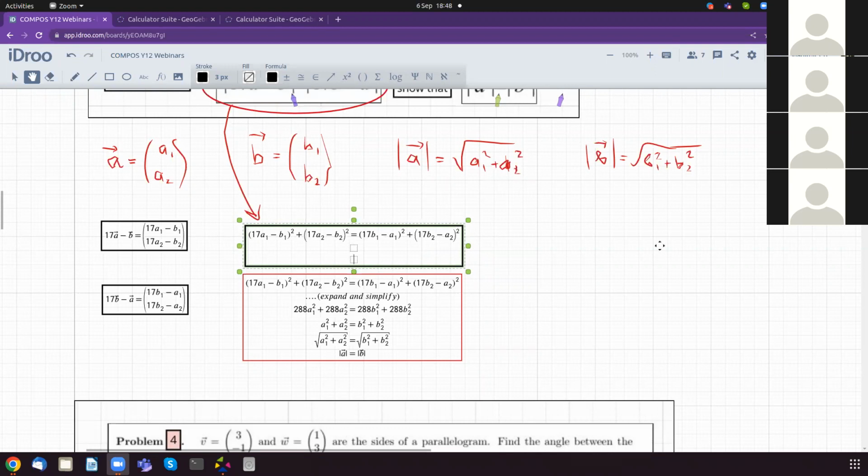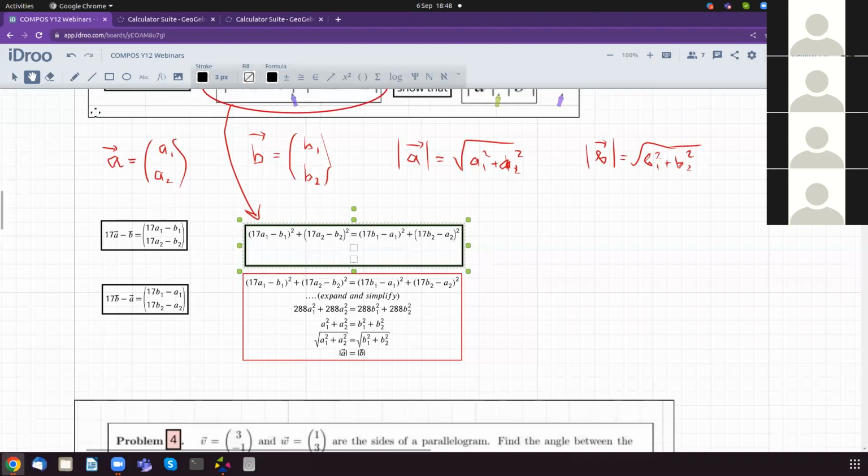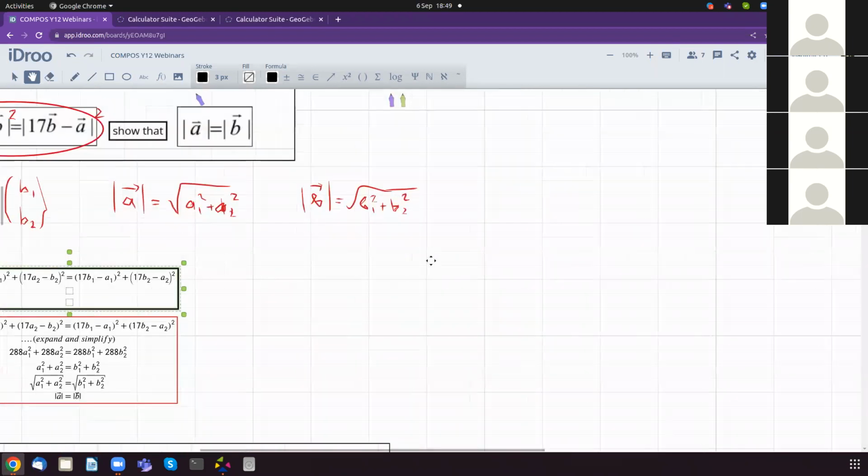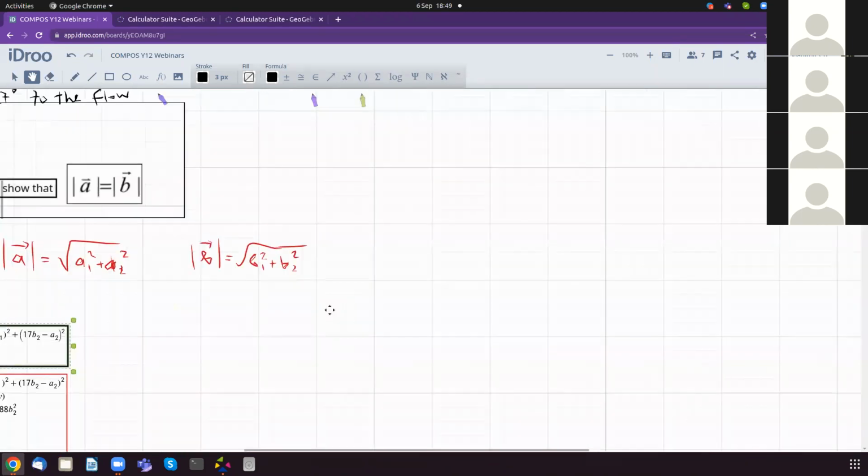The modulus of a vector. Do have a look. The absolute value of a vector is the length of the vector.